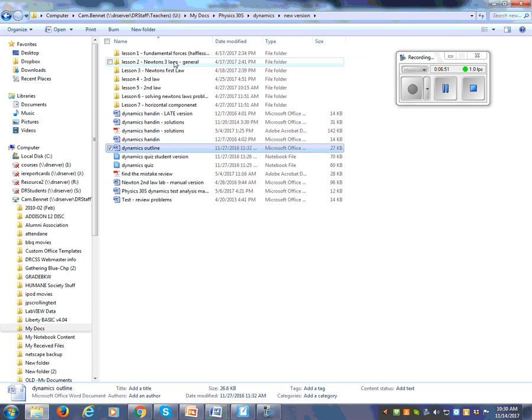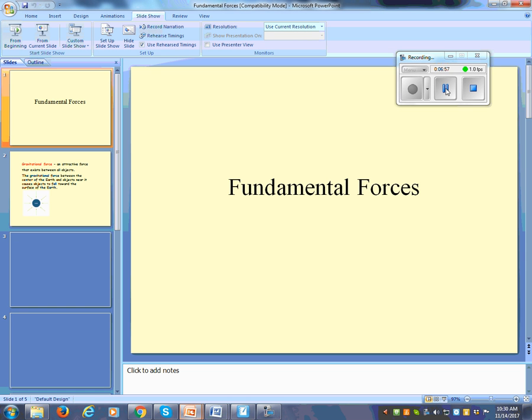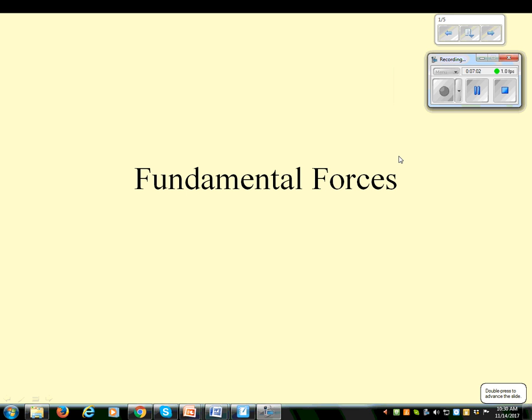Okay, so now let's talk about fundamental forces. All right, so these are like actual notes in that traditional sense. But as always, if you think that you're going to do better by just sitting back and listening, you go right ahead.